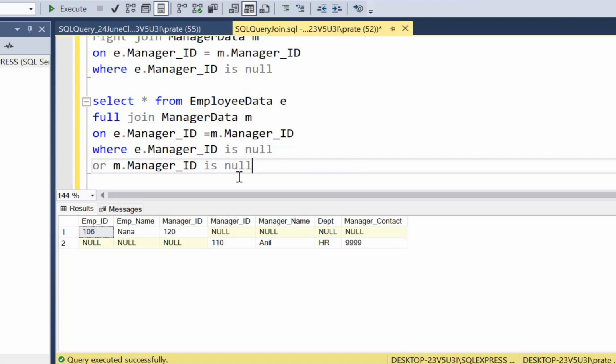So now we are getting results where the values are not matching. So this is the additional condition which was required. Yes, because null means one table's matching data is another table's null. If it is not matching, both things. If it is matching, that means both the tables will have data, right?